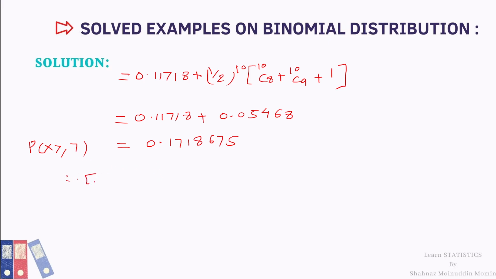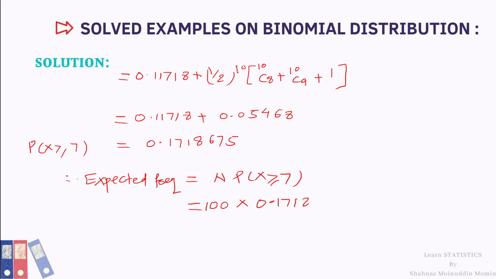Therefore, the expected frequency of getting at least 7 heads is n into probability X greater than or equal to 7, and we know that the experiment is repeated 100 times, so it is 100 into 0.1718675, which is equal to 17.18675.